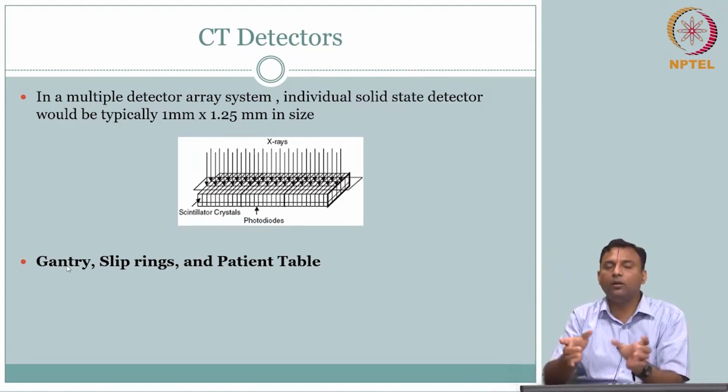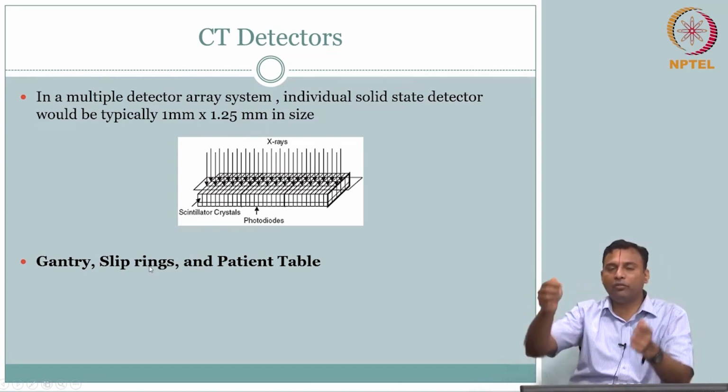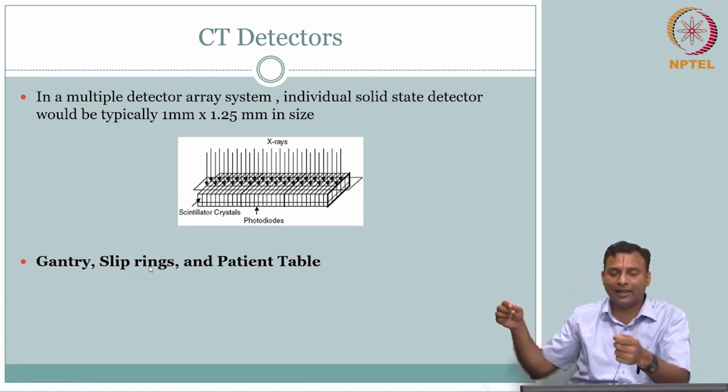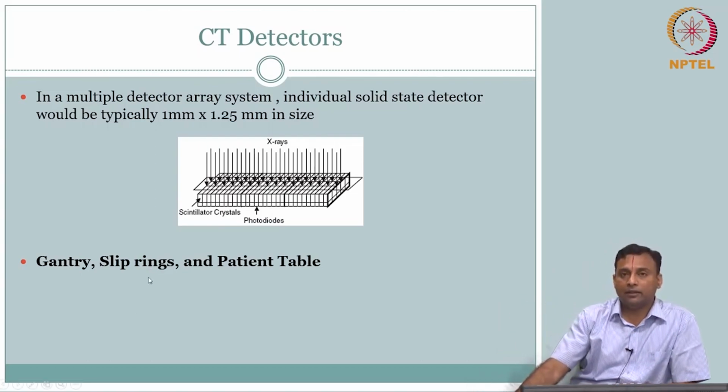That whole part, the mechanical casing, is called the gantry. Okay. These are very matured, so we are not going to go deep into the gantry. Slip rings, like I said, the gantry should rotate, for example, and then you have your data channel signal coming. So slip rings are another part that is used.